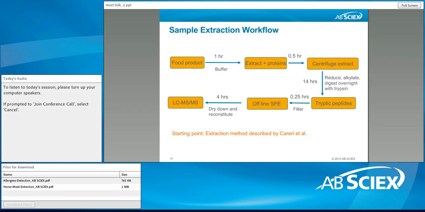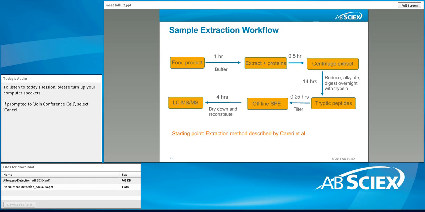Looking at the extraction, it was developed on previous experience running with allergens. Basically, I took a food product, in this case meat. I extracted it with buffer, and then I modified the proteins to enable them for digestion. So what you have to do when you're doing this sort of work is you have to reduce and alkylate your proteins prior to digestion.